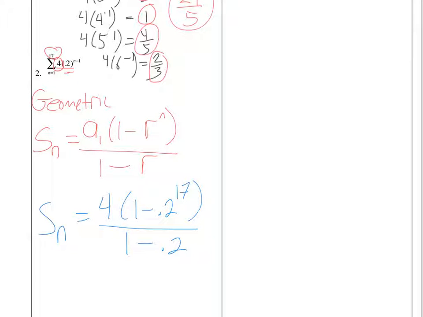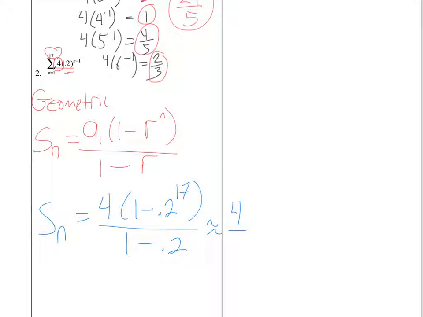When I do the calculation of this, we get 4 times 1 minus 0.2 to the 17, which is basically 4. I think it's funny that my calculator gave me the exact thing as 4 instead of going a little bit further. So it's like this part doesn't even matter.